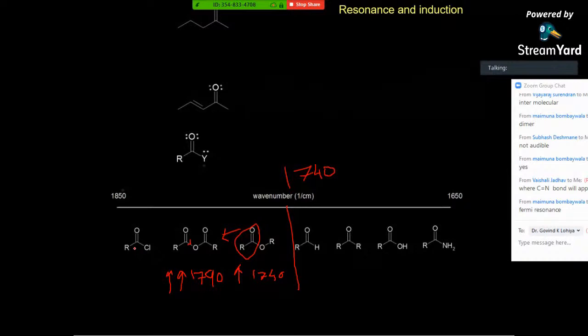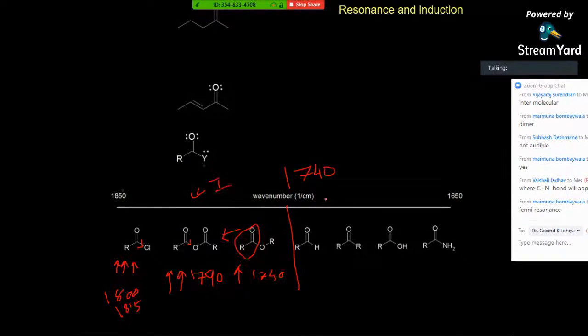And if you consider the third case, with a still stronger inductive effect, we get still higher values, for example 1800 or 1815. So values are increasing due to the inductive effect prevailing here.